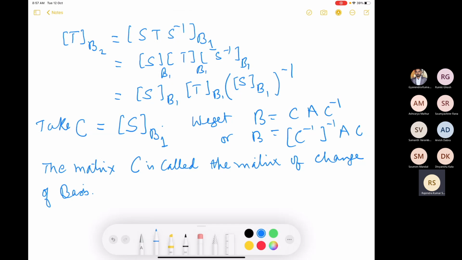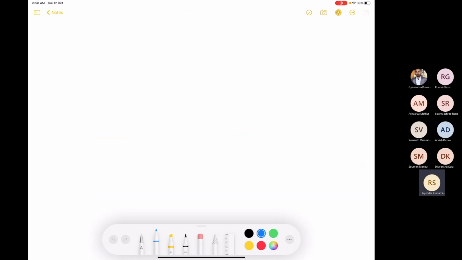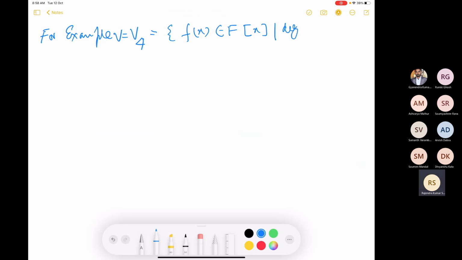You can recall these we had already computed. So these you can check, for example, let us take V to be the vector space. Here say V4. So what is the vector space? V4 is the polynomials f(x) such that degree of f(x) is less than or equal to 4.